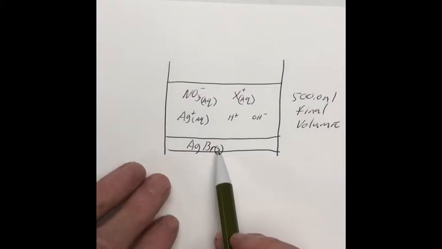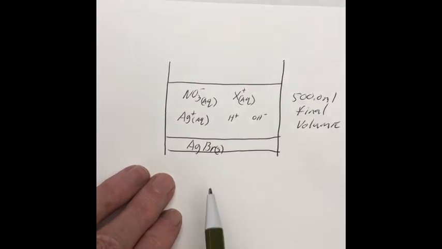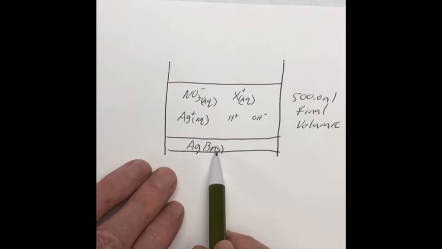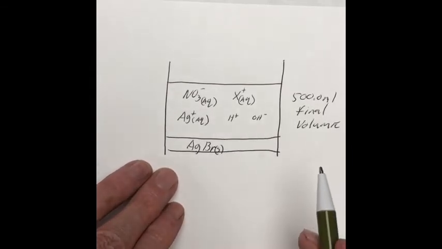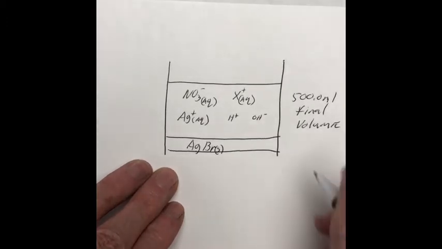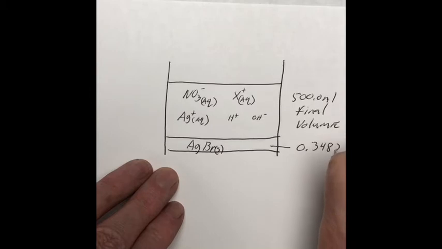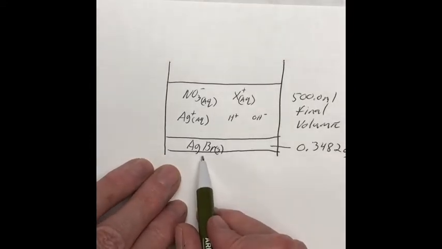So I've cleaned up this solution a little bit, and here's what we have after the reaction occurs. We've got the silver bromide solid. Now remember, in the question we do know the mass of this after it's filtered, after it's dried. The mass is given as 0.3482 grams, and that's the mass of the precipitate.